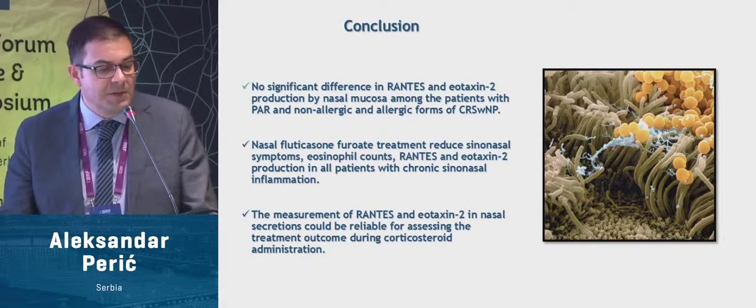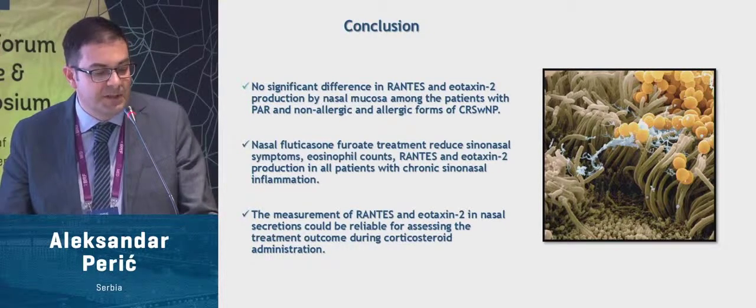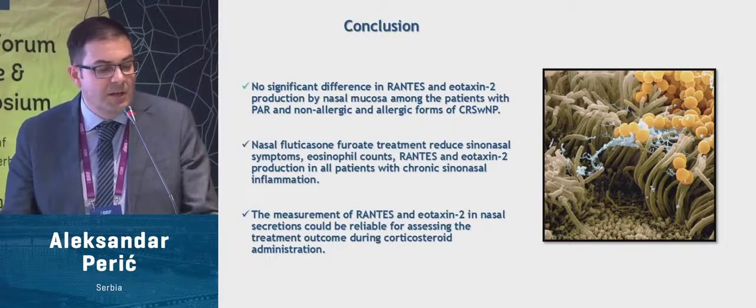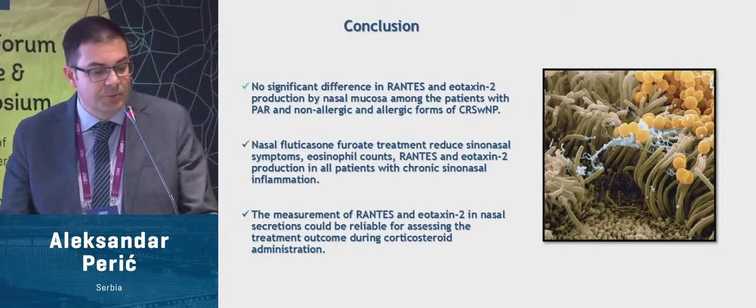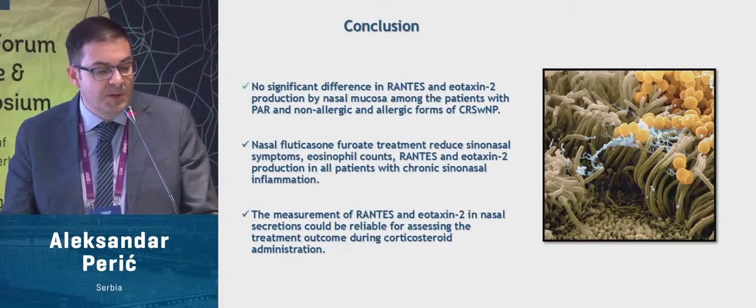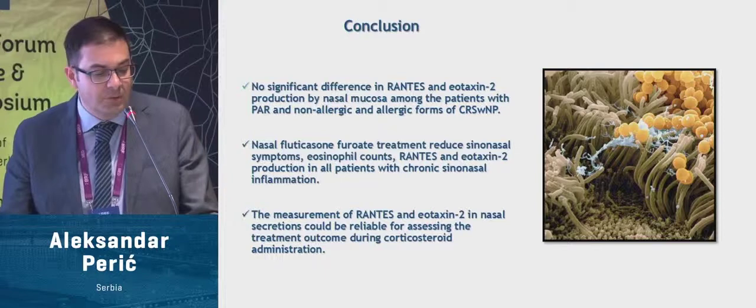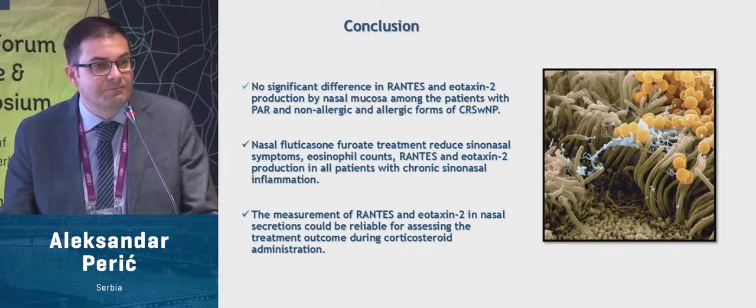Nasal fluticasone furoate treatment reduced sinonasal symptoms, eosinophil counts, rhinitis, and eotaxin 2 production in all patients with chronic sinonasal inflammation. The measurement of rhinitis and eotaxin 2 in nasal secretions could be reliable for assessing the treatment outcome during corticosteroid treatment. Thank you very much.